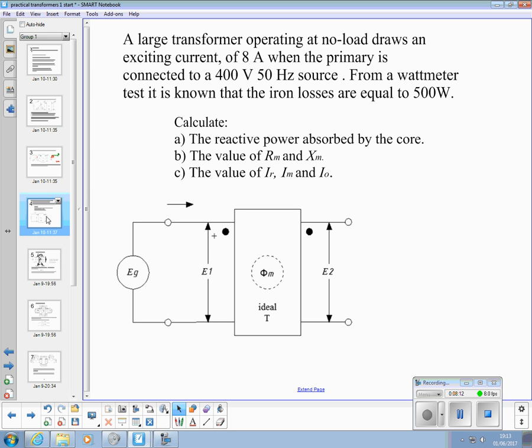So the primary side is connected, but it's not under load, so nothing connected to the secondary, exactly as we've got it. For the wattmeter test, it is known that the iron losses, so the wattmeter says this transformer is using 500 watts off load.